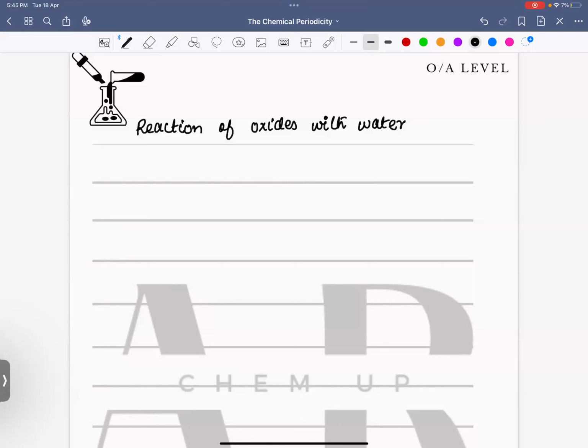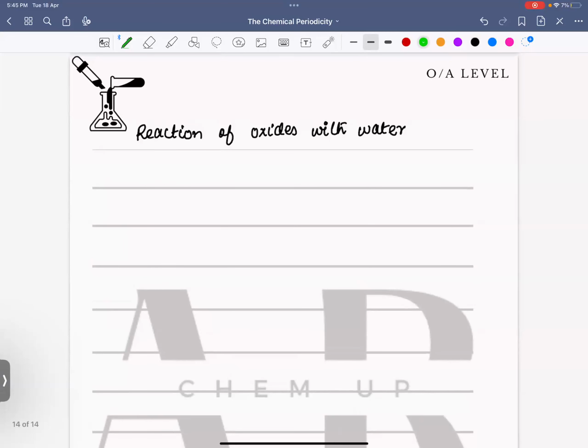Okay. The first oxide that we got is sodium oxide. On reaction with water, what would happen?